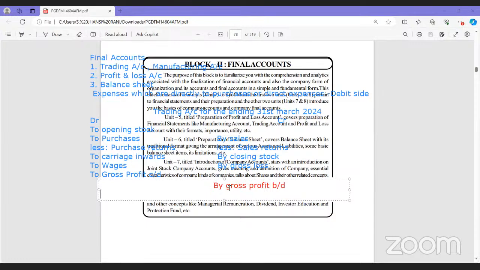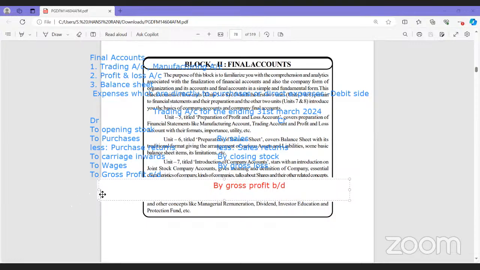For example, in trading account, we discussed wages, meaning labor for getting the books. It's fine if it is a small shop, where one person is enough. The owner himself will look after the business. But when you look after any big mart or big store, one person is not enough because dusting should be done, cleaning should be done. So it's not possible for one person to carry on the business.